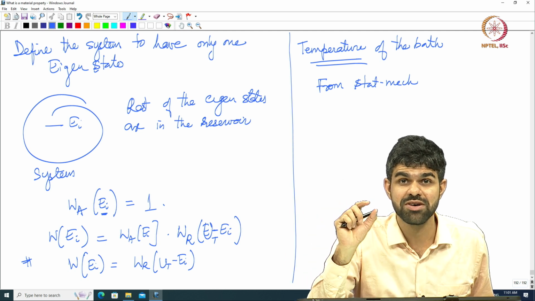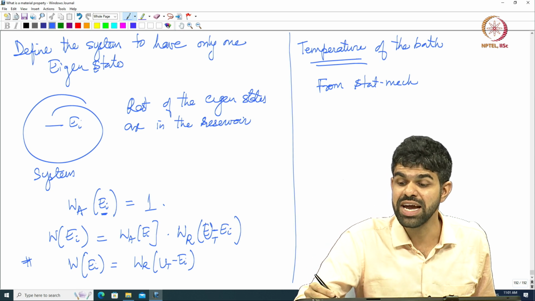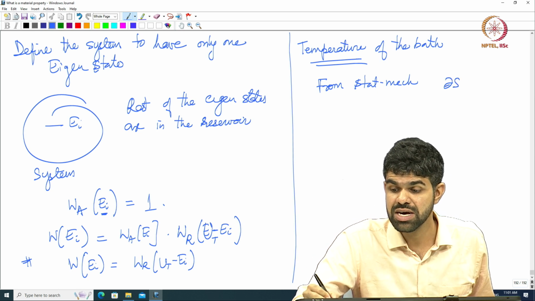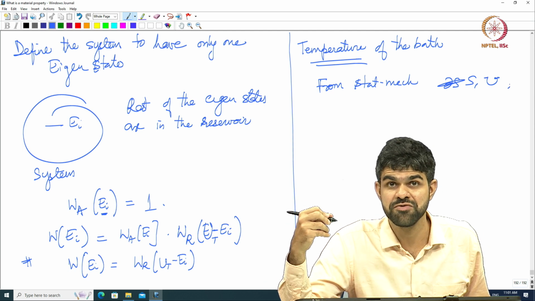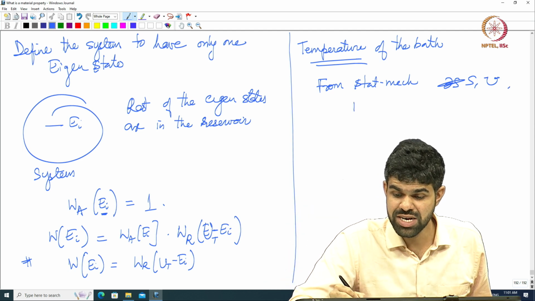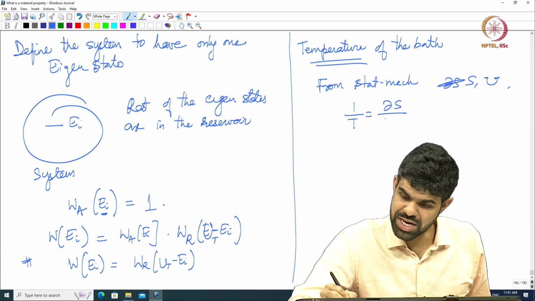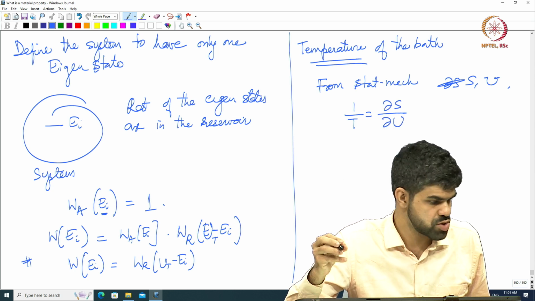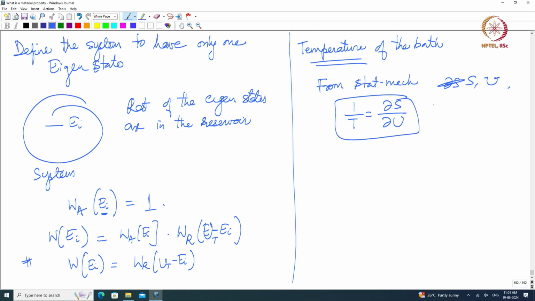But from the point of view of StatMech, what is more fundamental are the entropies, the internal energies of the system, and so on and so forth. And so I can define temperature as dS/dU. So this is 1/T. This is the StatMech definition of temperature.